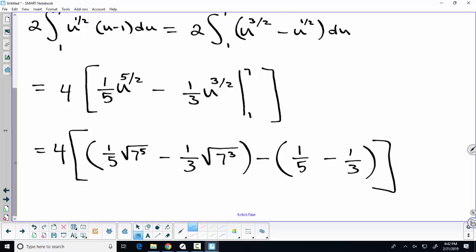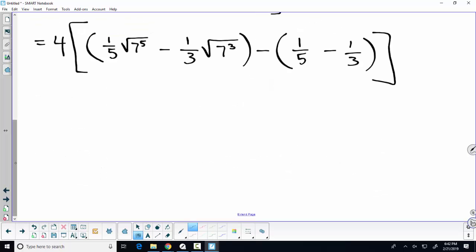So basically, we just wanted an exact answer. Is that what it asked for? So that's 4. What is the square root of 7 to the 5th as an exact answer? Right, yeah, times 49 root 7.